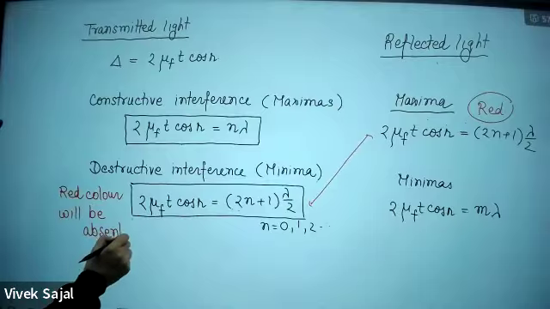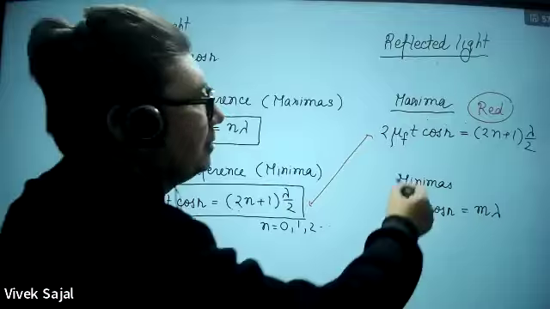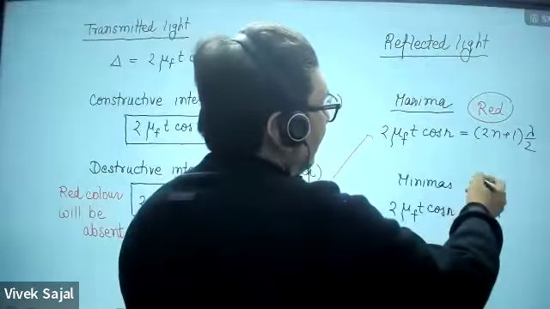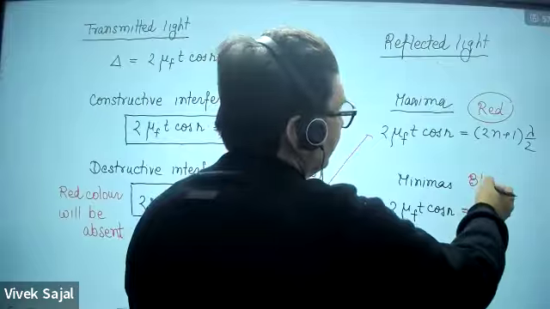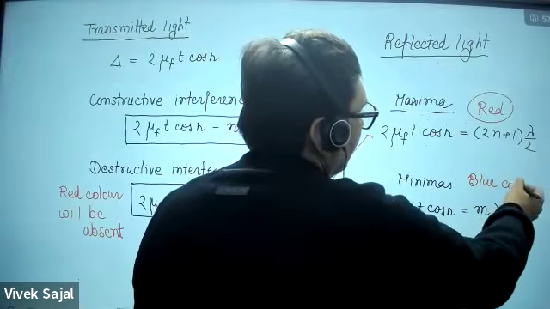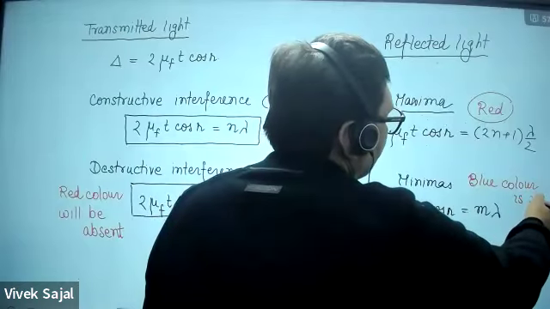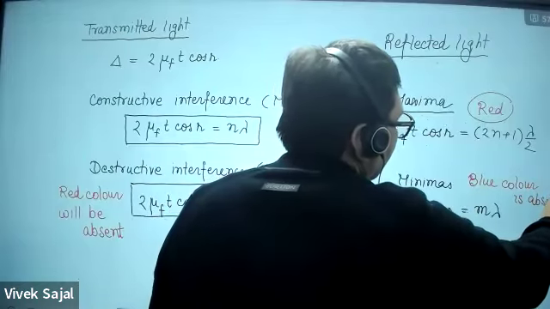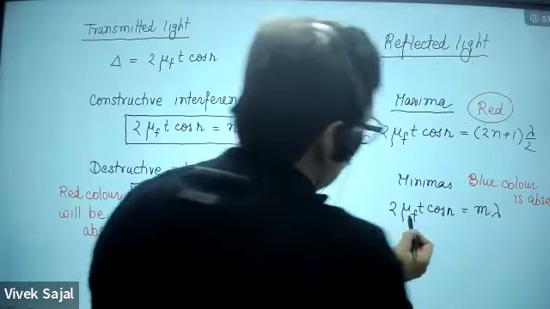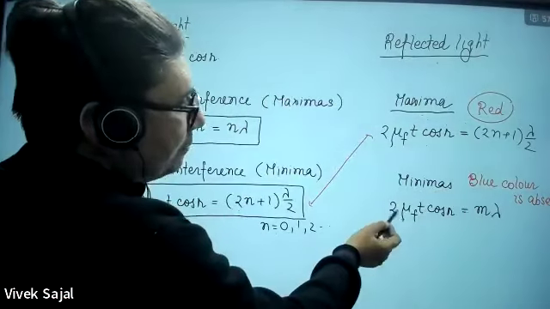I'm just assuming. Suppose in reflected light blue color is absent. Suppose blue color is not observed. It means it is forming minima in the reflected light. So blue color wavelength is satisfying this condition.